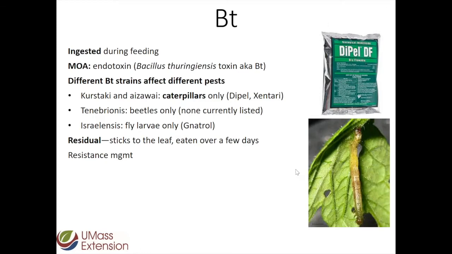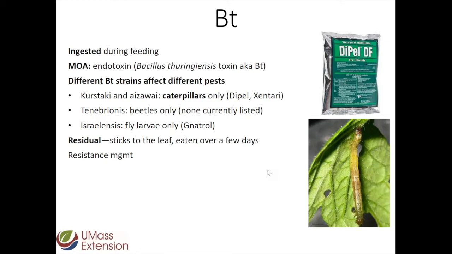Yeah, there's a whole class of insecticides that I decided, for the sake of keeping the scope of this conversation a little bit smaller, that I was not going to talk about, but these are biological pesticides. So they are bacteria or fungi that affect insects.